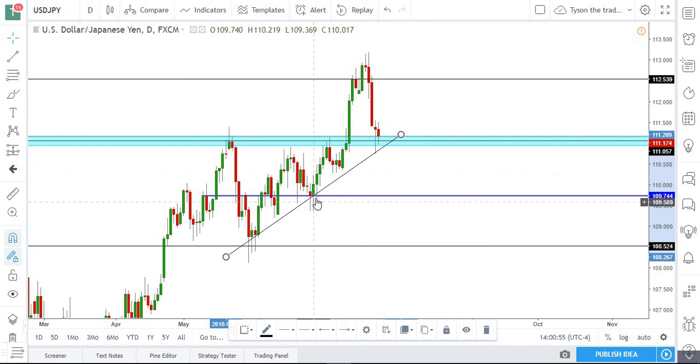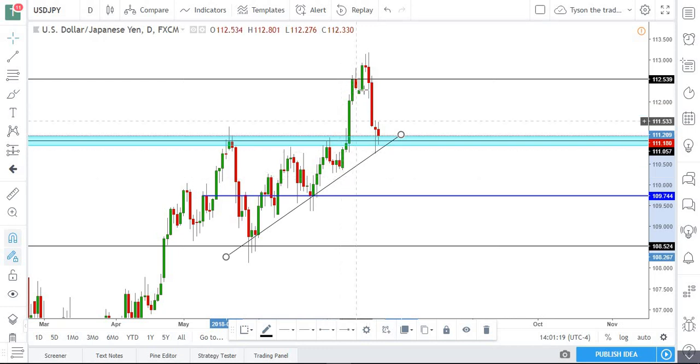So now, due to this huge bullish run here, the market broke above our level of resistance. This is actually our monthly resistance level at 111.057. After it pushed to the upside, this was the first phase of the market. The market is always moving in two phases. It's either a push or a pullback.